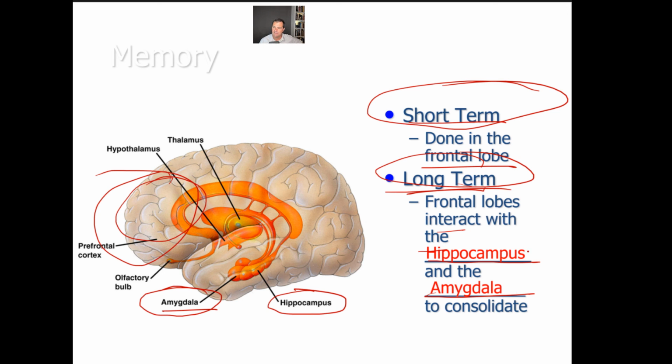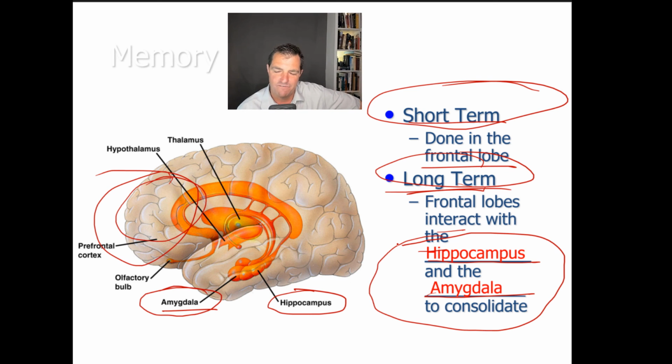Interestingly, these areas of the brain are also very strongly associated with strong emotions, fear and joy and things like that. And so what we find is, and it kind of makes sense if you think about it, you have long-term memories of things that were really, really good and positive in one way or another, or very traumatic.